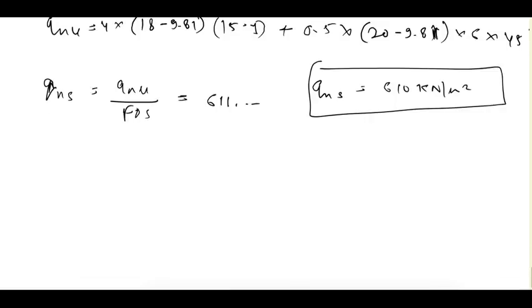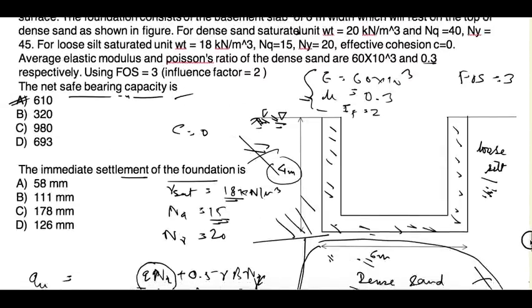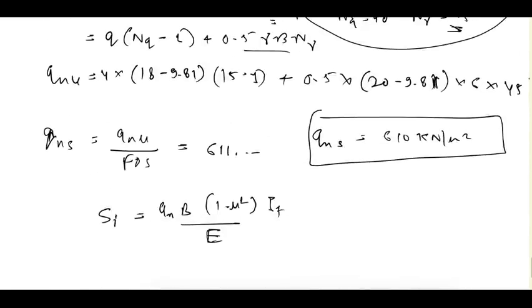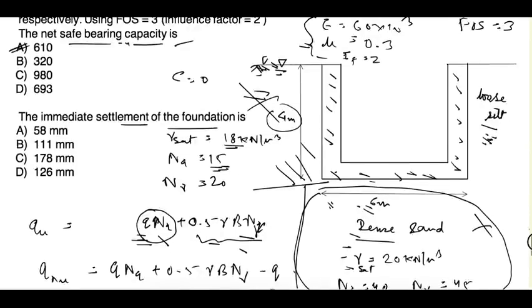For any immediate settlement, Si is equal to qn into B into (1 minus mu square) into influence factor, divided by the modulus of elasticity. Here nothing is given about whether it is a rigid or flexible condition, just the influence factor is given, so you need not worry about that. Here q is the net pressure on the soil, that is the pressure we obtained from the earlier solution.